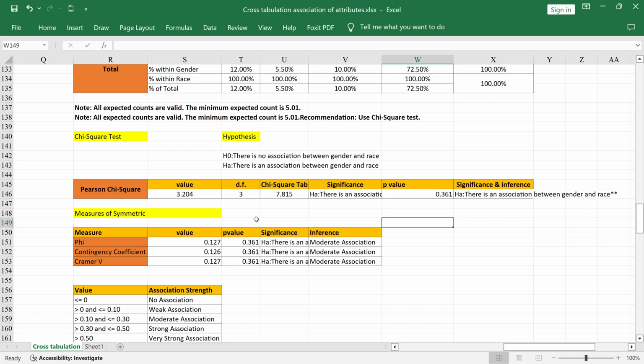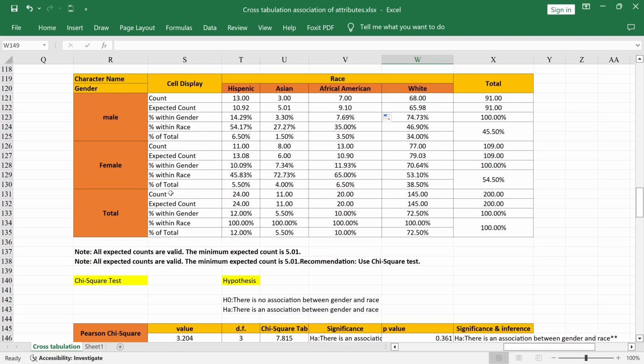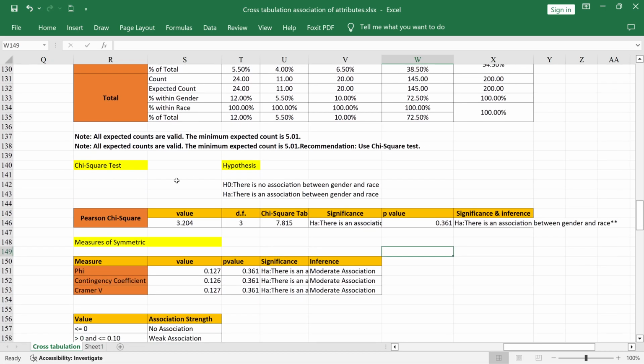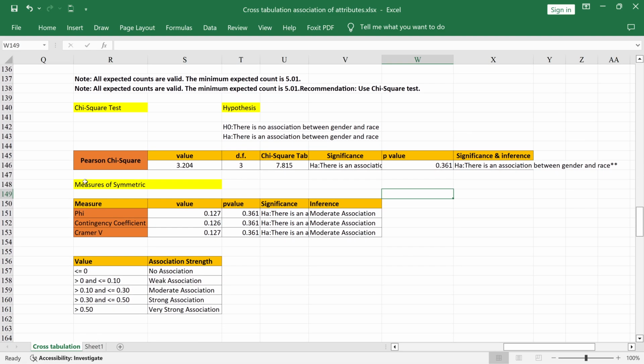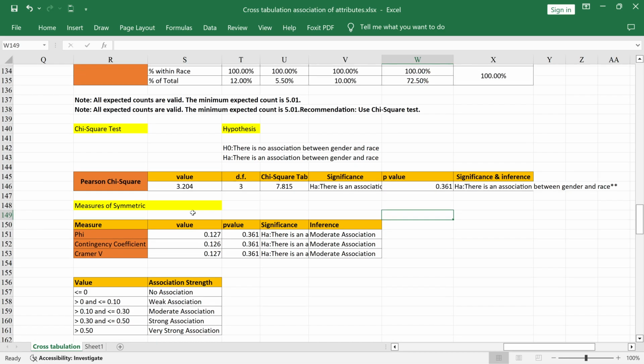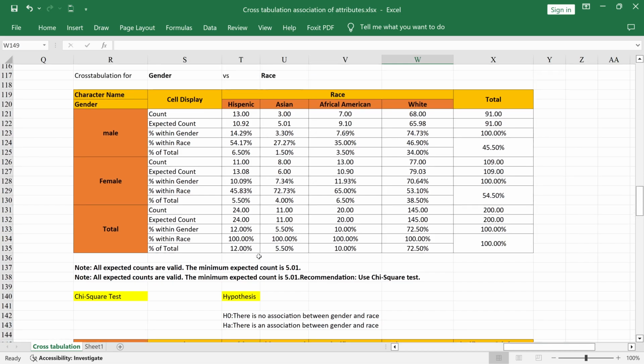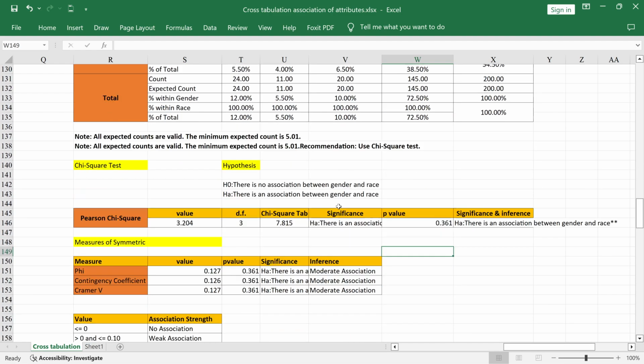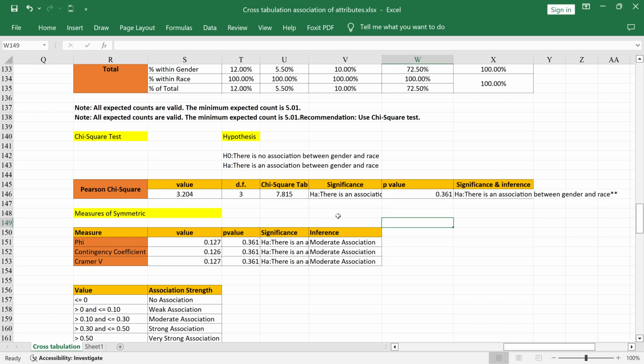Now we already know everything, because we discussed the table, then we discussed the chi-square test, and we analyzed and obtained the inference from the hypothesis. Now we need to see whether race and gender have an association of strength.